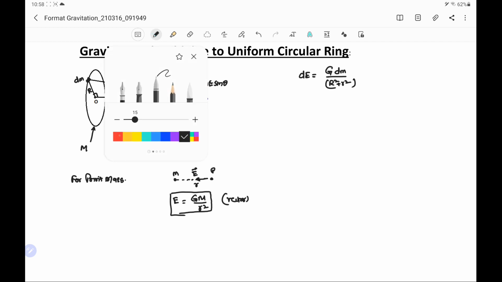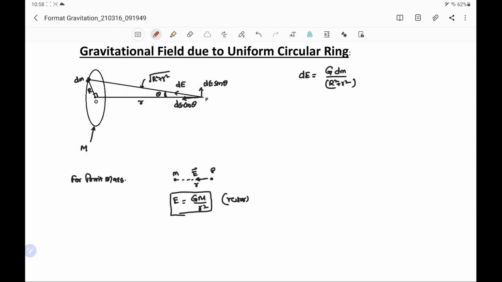For this, we take another elementary mass which is diametrically opposite to the dm, and we draw the field due to this elementary mass at the point P. It is again directed towards the mass. When we take components of this, one component is along the axis and another is downward.